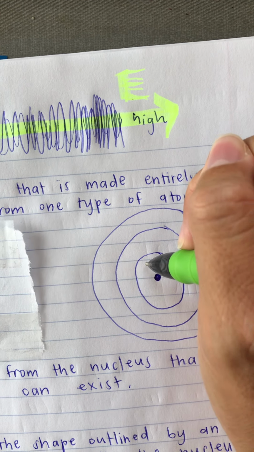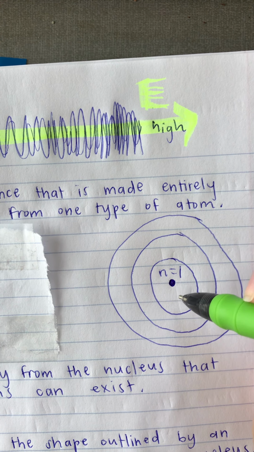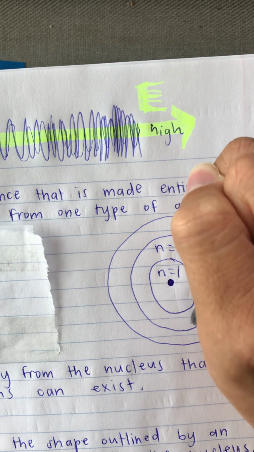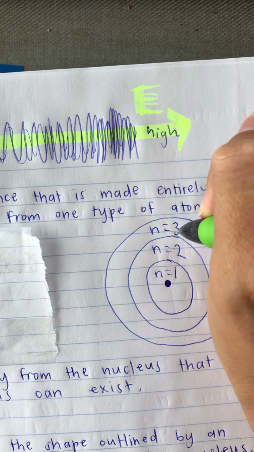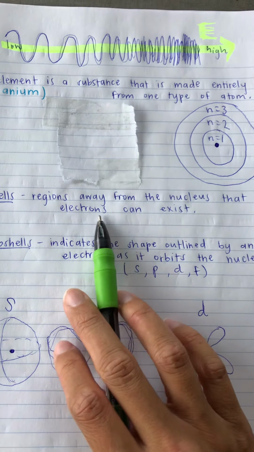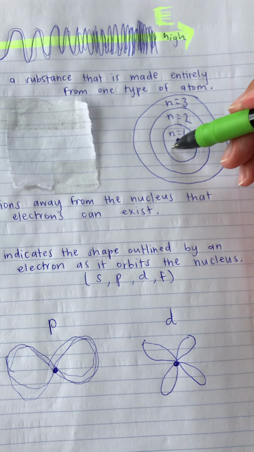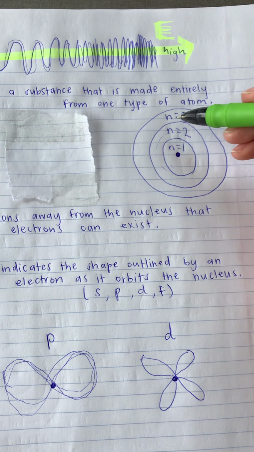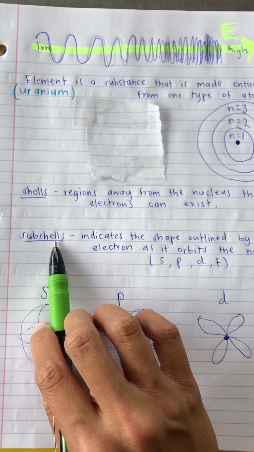We can indicate those by writing n equals 1, that's the first shell, n equals 2, second shell, n equals 3, that's the third shell. Again, these are just regions away from the nucleus where electrons can exist. So they can exist within here, and within here.